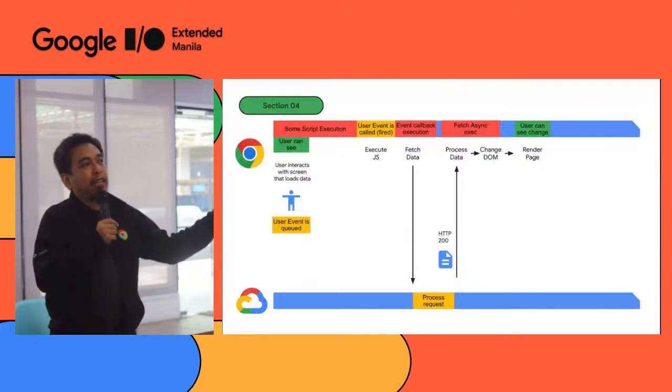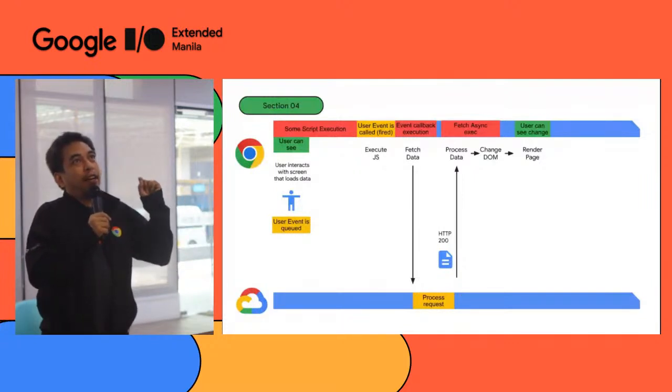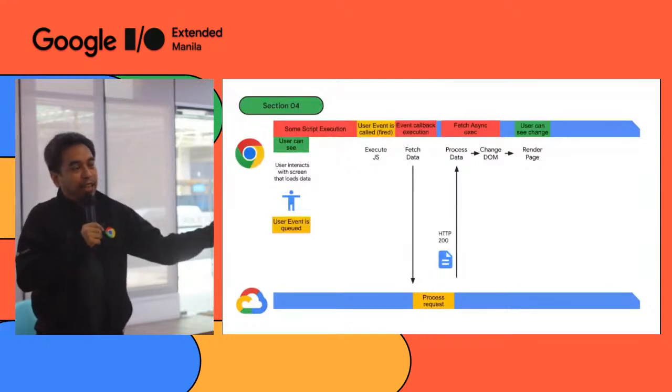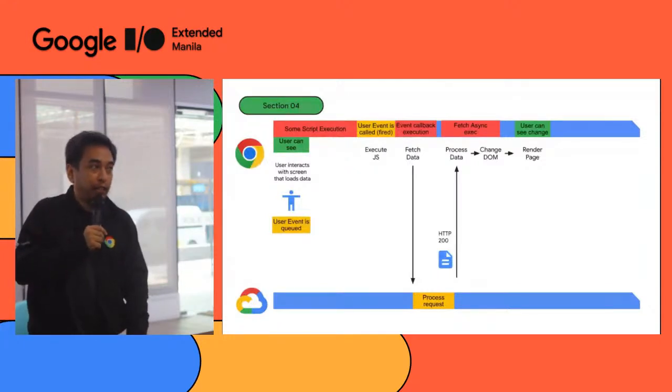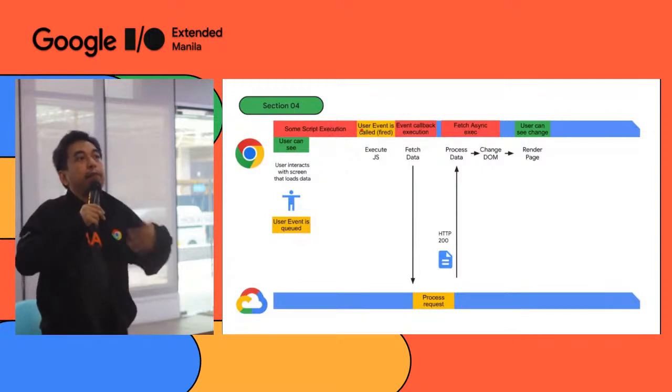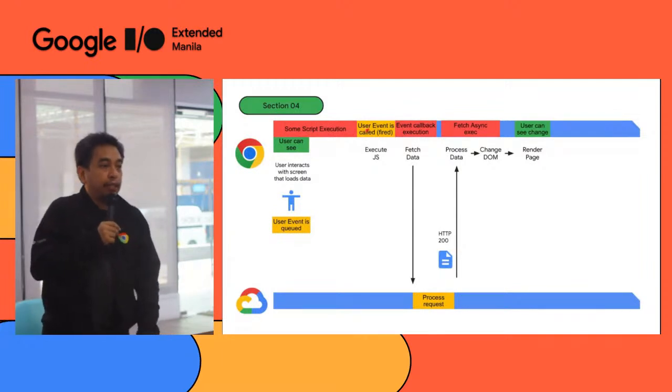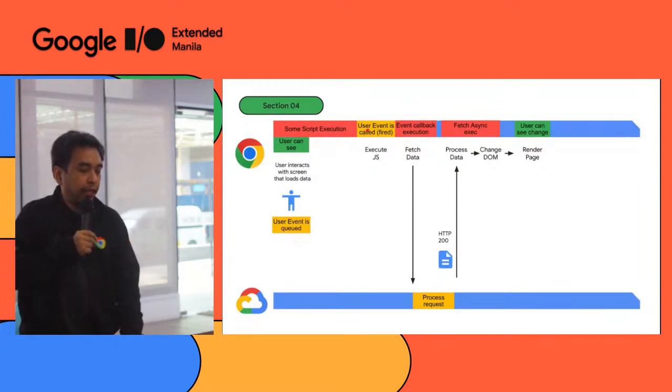Ang microtask queue, ang kinu-queue niya is yung promise async. Yung event is a different queue in itself. Now, once natapos na yung process dun sa main thread, kung walang iba dun sa queue, ipa-fire niya yung event na ginawa ng interaction. So dito pa lang, this is the input delay. Itong part na to.